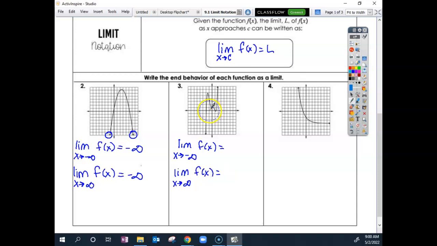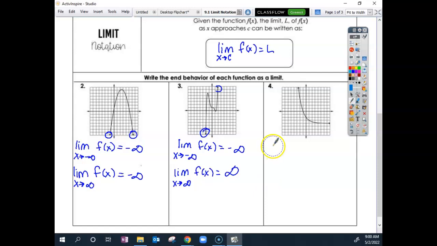So the limit as x is going to negative infinity this time, what's happening to my y value? It's going to negative infinity. And as x goes to positive infinity, what's happening to my y values? It's getting bigger, so it's going to positive infinity. So look, in the first one, they both went negative. In this one, one went positive and one went negative.